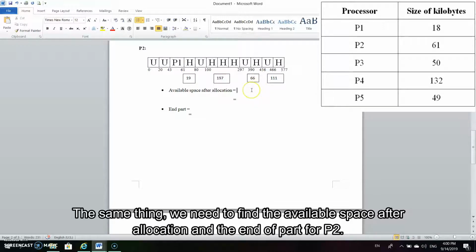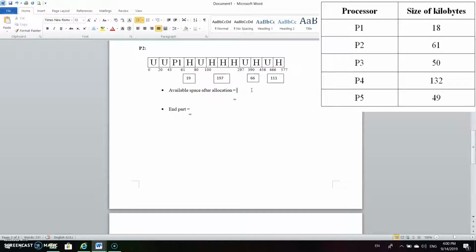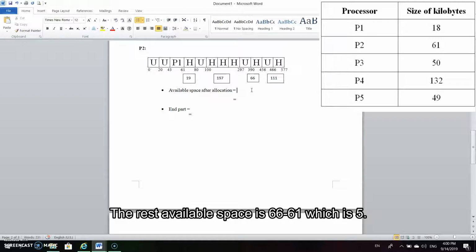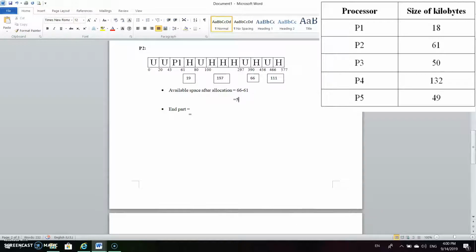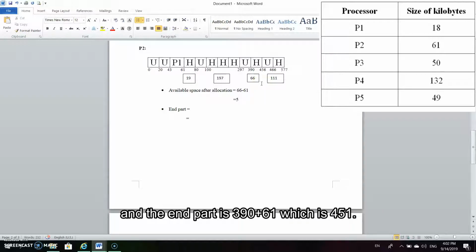The same thing, we need to find the available space after allocation and the end path of P2. The rest available space is 66 minus 61, which is 5. And the end path is 390 plus 61, which is 451.